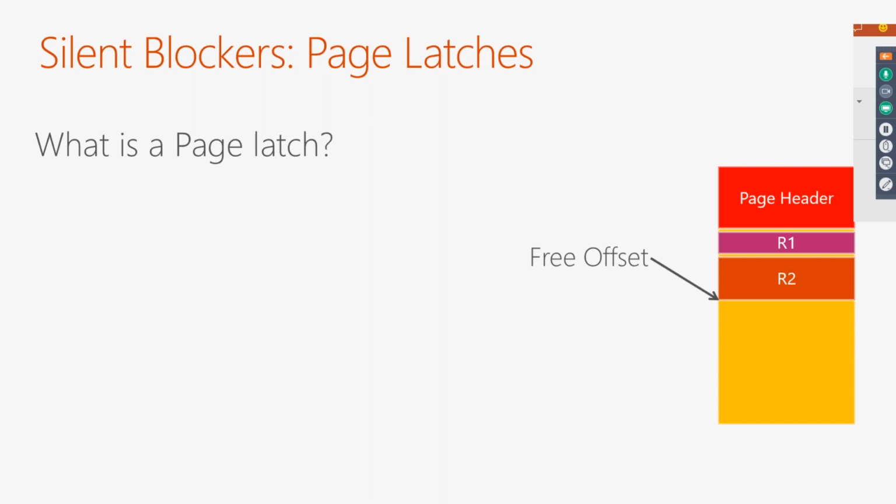So what happens is, if multiple transactions are inserting rows into the same page, we need to allow only one transaction at a time, because if you allow both transactions and they look at the free space offset after R2, they will write their row 3 and row 4 at the same free offset, right? You agree? And you don't want that, because then data will be overwritten.